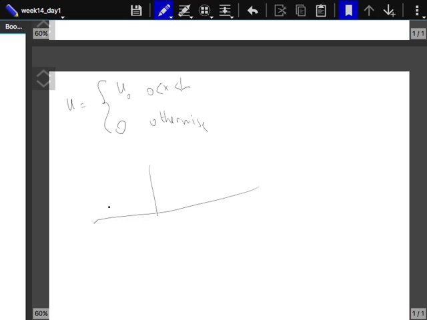So this is how the potential looked like. This is L, this is U0. And we are sending a particle from here.